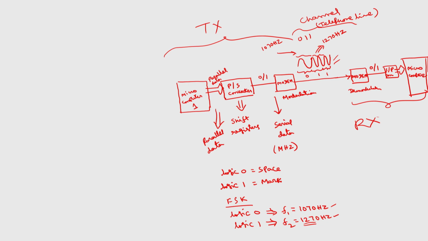This is about the complete system: transmitter, receiver, and in between we have the channel. We are going to transmit digital data over telephone lines. Because of the different bandwidths, we are going to use the modem to convert the data bits into audio signals, and again audio signals into data bits.